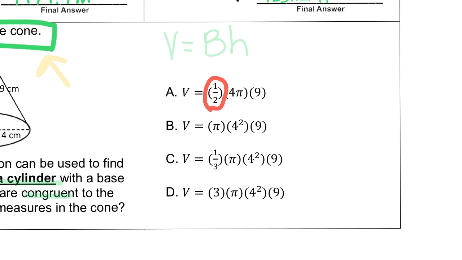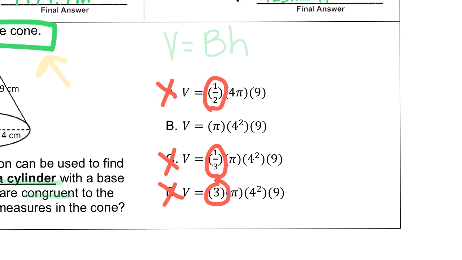We don't see 1/2 in that formula, so we can eliminate A. We don't see 3 in that formula, so we can eliminate D. We don't see 1/3 in that formula, so we can eliminate C.